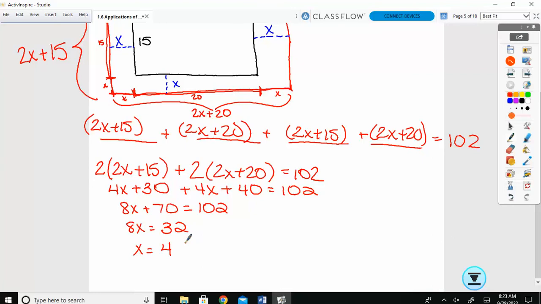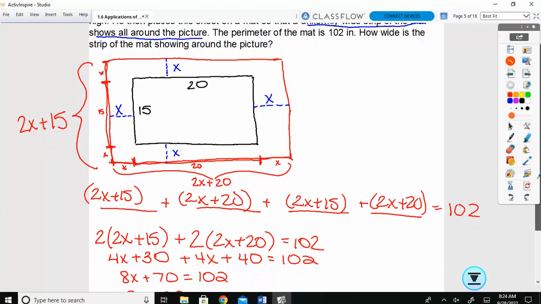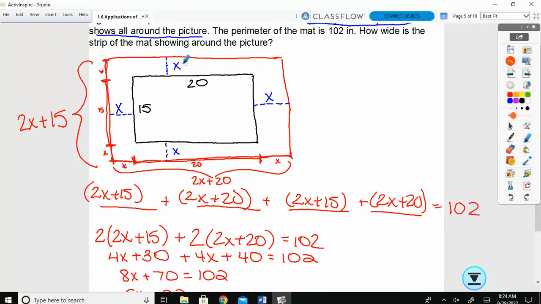Just as a word of warning, you don't have to get nice, pretty answers. You can have decimals or fractions. Okay, there's no rule that says it has to be a whole number. So, my question was, how wide is the strip of the map?